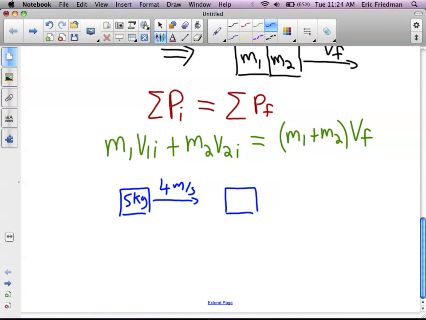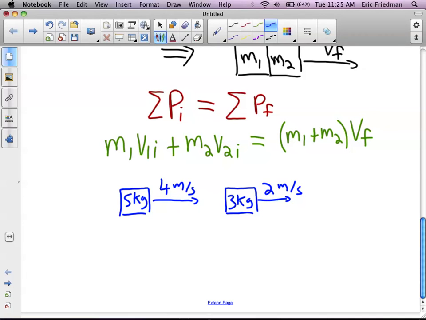Let's say this guy has a mass of 3 kilograms, and let's say it has an initial speed of 2 meters per second. From this one, it's actually kind of challenging. It's not so intuitive to say, what's the speed afterwards going to be? So the original problem was easy. This problem is a little more tricky.